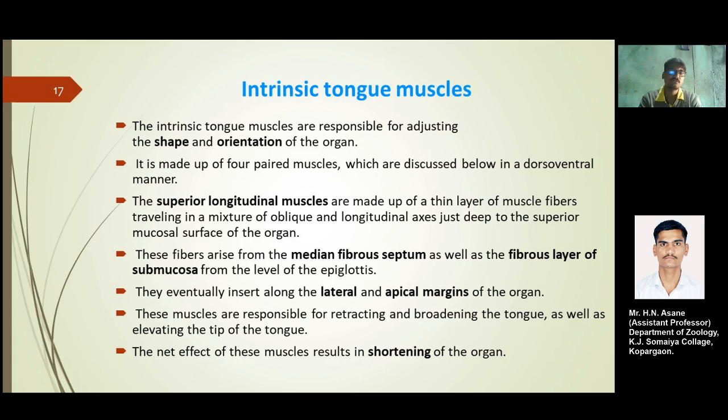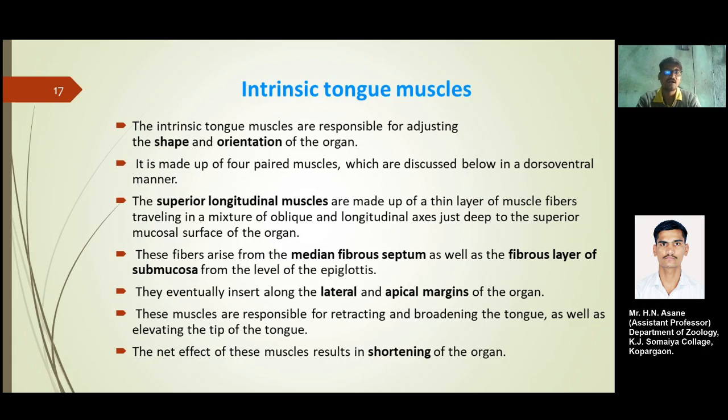So they are going to adjust the shape of the tongue as well as the orientation of the tongue. It is made up of paired muscles, discussed below in the dorsoventral manner, beginning with the superior longitudinal muscles.